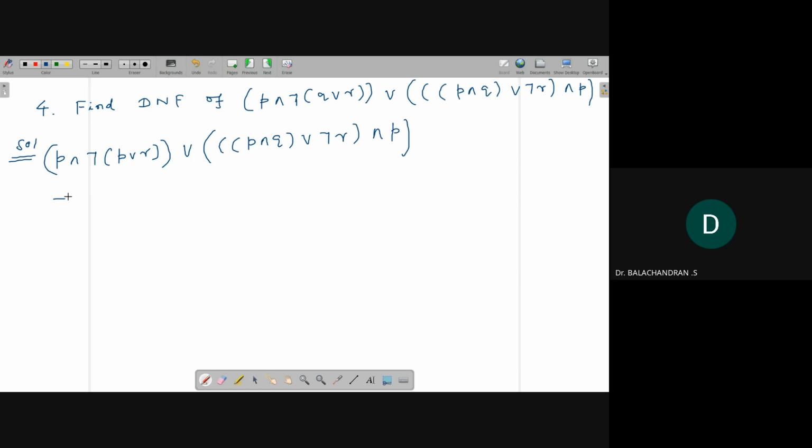This is equivalent to, here P. DNF means sum of products. If we apply De Morgan's law here, you'll get negation of P, sorry, this is actually Q here, here I wrote P.